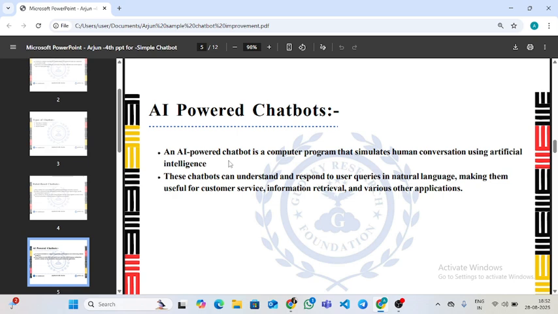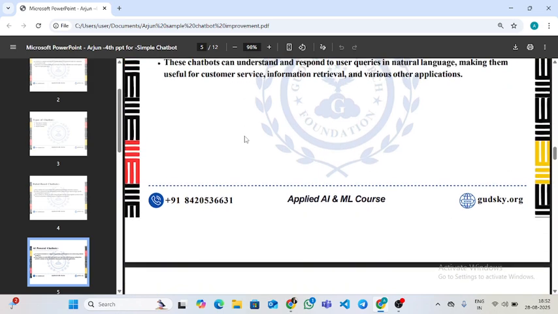AI-powered chatbots are very effective and applicable, and advanced technology is used under them, like LLMs, that is large language models, and LangGraph. NLP is also used, and NLP is very important for AI-powered chatbots. We will move to our next type of chatbot.